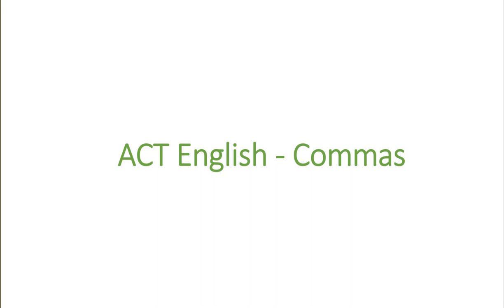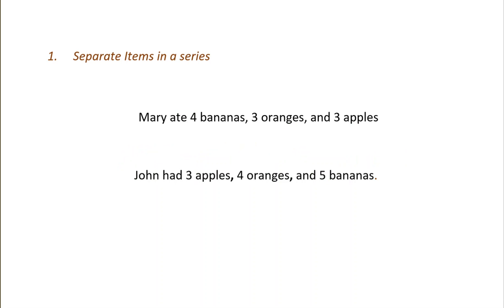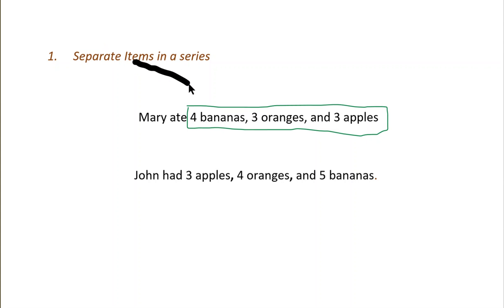So the first rule of the comma is to separate items in a series. So a series is simply just a list inside of a sentence in this case. So here's our list right here. Right, 4 bananas, 3 oranges, and 3 apples. And our items are the things inside of the list.